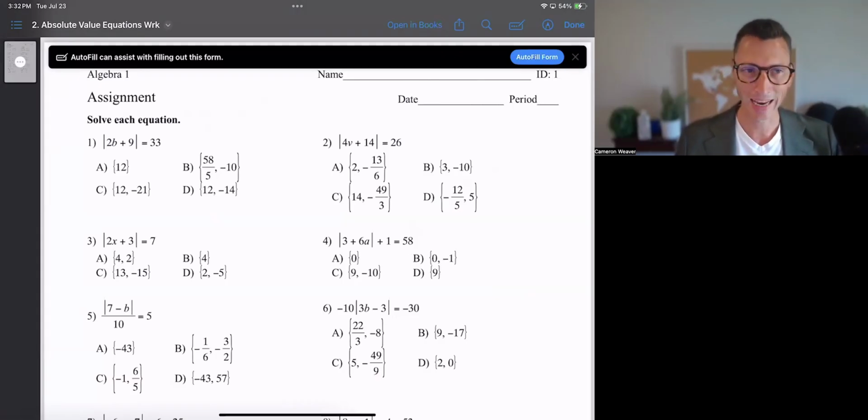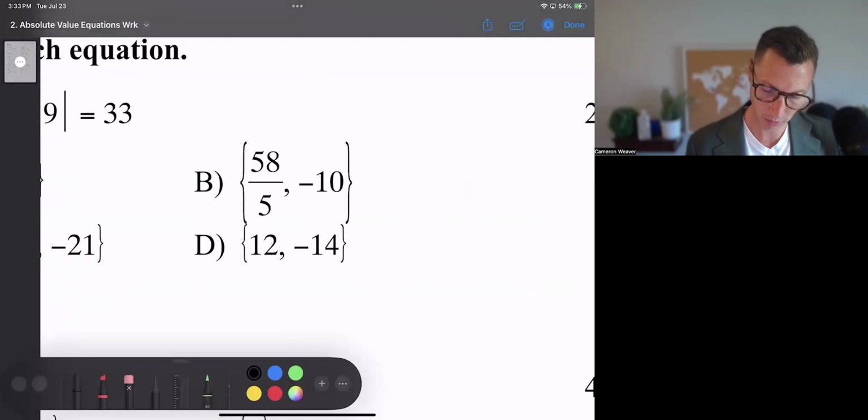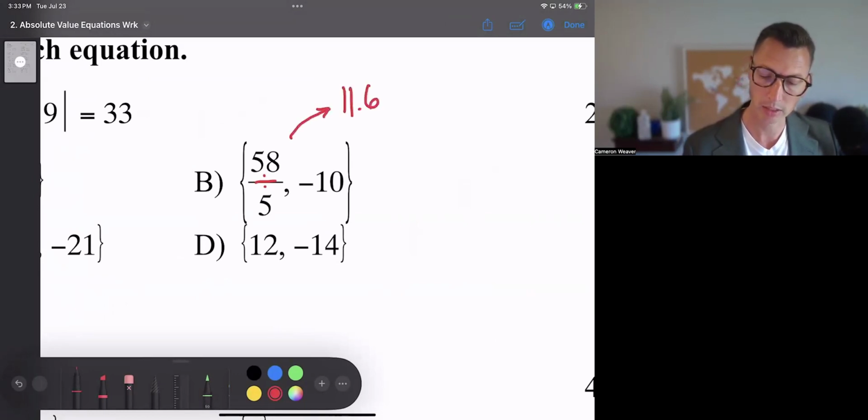As you're getting decimals, if you notice, none of the answer options are in decimal format. It's not that big of a deal. If you simply remember that all fractions are division problems, check this out. 58 over 5 is truly 58 divided by 5. If you put that in your calculator, 58 over 5 translates to 11.6.